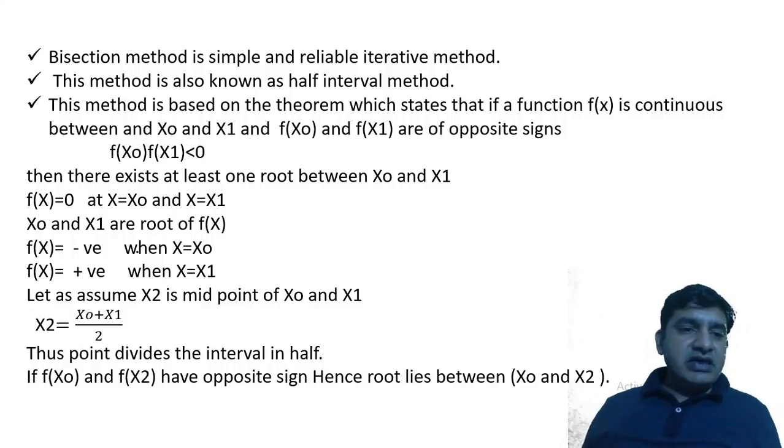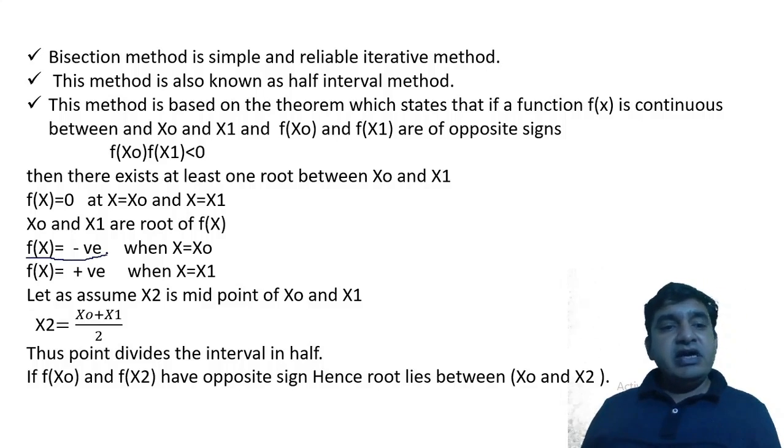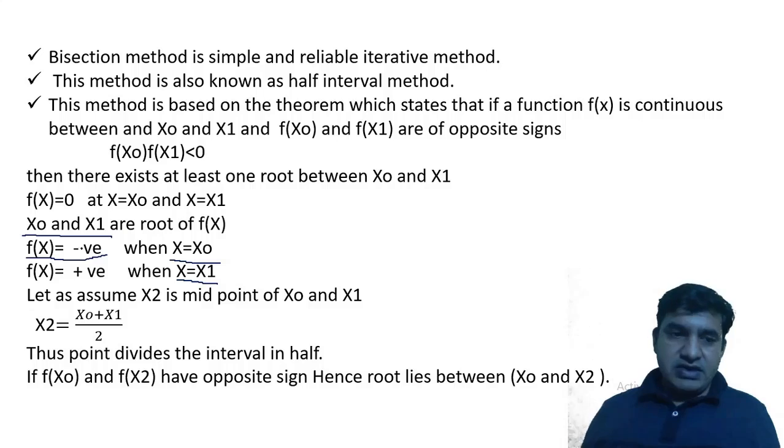Here f of x has a negative value when x is equal to x0, and f of x has a positive value when x is equal to x1. Then we can say that the root lies in between x0 and x1.